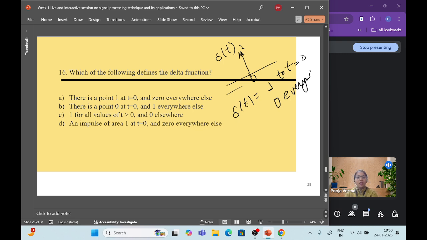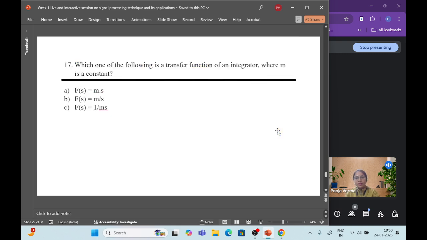It is also known as an impulse function. So option D is the correct one: an impulse of area 1 at t equal to 0 and 0 everywhere else. Okay. So moving to the next question.